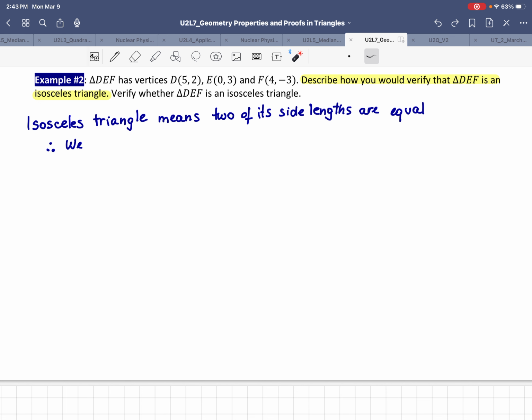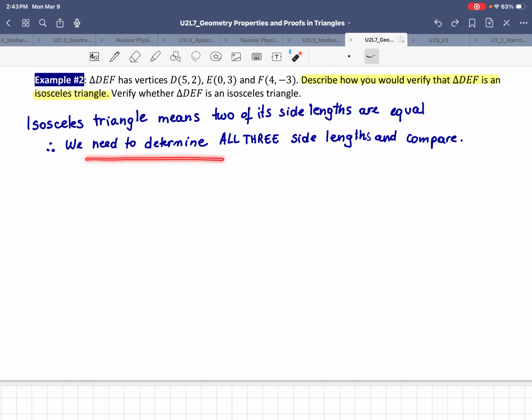Therefore, if we want to prove that a triangle is isosceles, then we need to find the lengths. Obviously, we have to find all three lengths, compare them and see which ones, if that's the case, are equal to each other. So we find all three side lengths and then compare. So our job now is to verify whether this is going to happen or not.